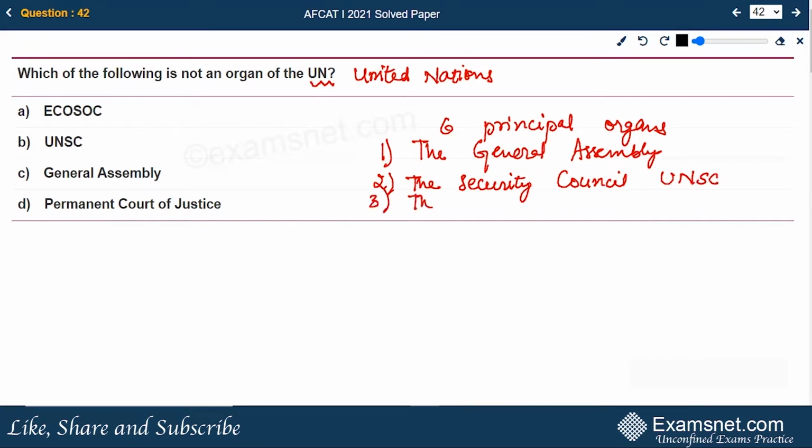Then the Economic and Social Council, ECOSOC. Then the Secretariat.